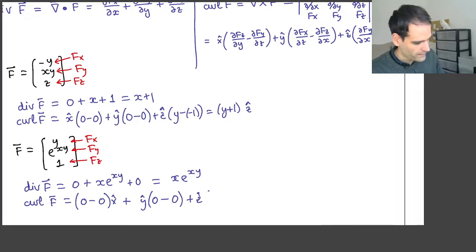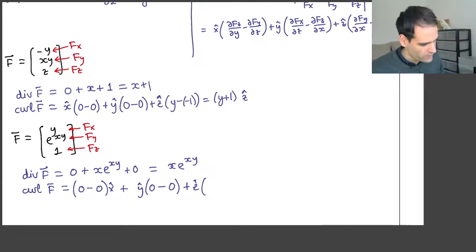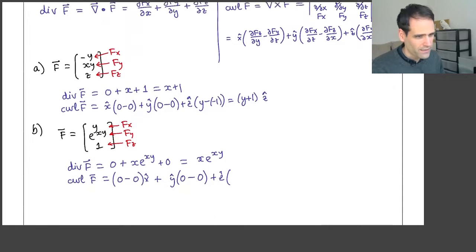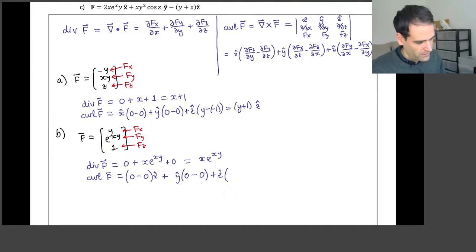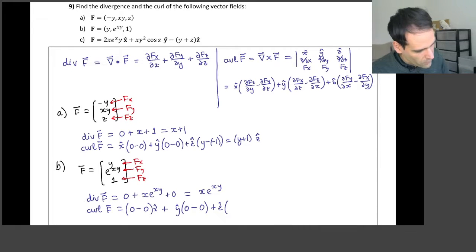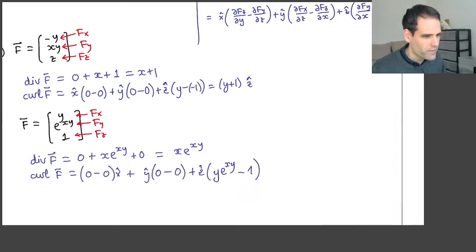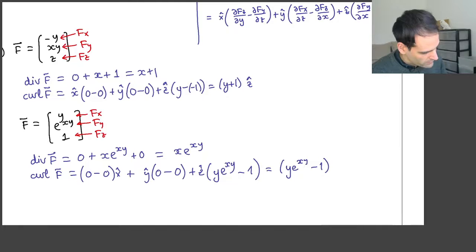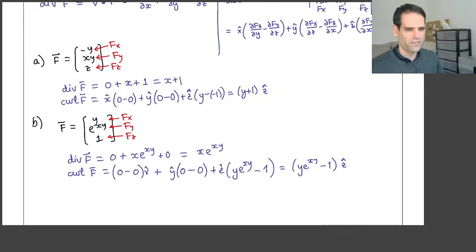And now plus z hat times, I know you cannot see it, I'm sorry about that, but okay, partial of fy with respect to x, so that will be y times e to the xy minus partial of fx with respect to y, that will be 1. Okay, so the result will be y e to the xy minus 1 times z hat. Okay, so that's the curl of this vector field f.